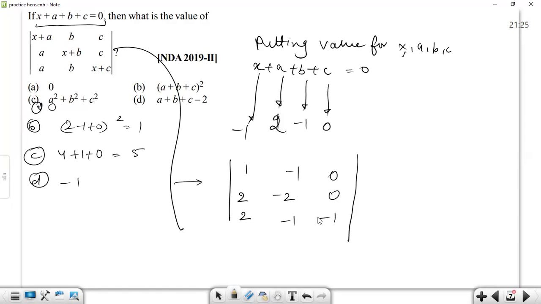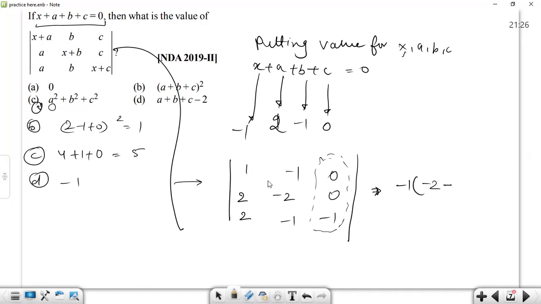In the third column, we can see that it has the maximum number of zeros, so we are going to expand through this particular column. 0 into anything doesn't matter. Minus 1 into its cofactor. Now this position is third row and third column, and the sum of 3 and 3 is even, so the sign will remain the same. 1 into minus 2, minus minus 1 into 2.